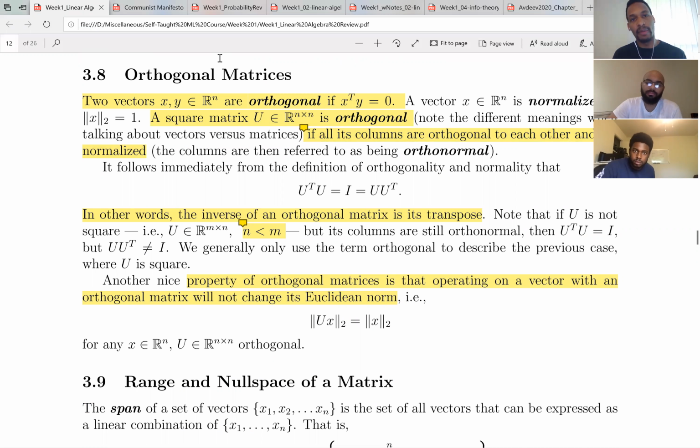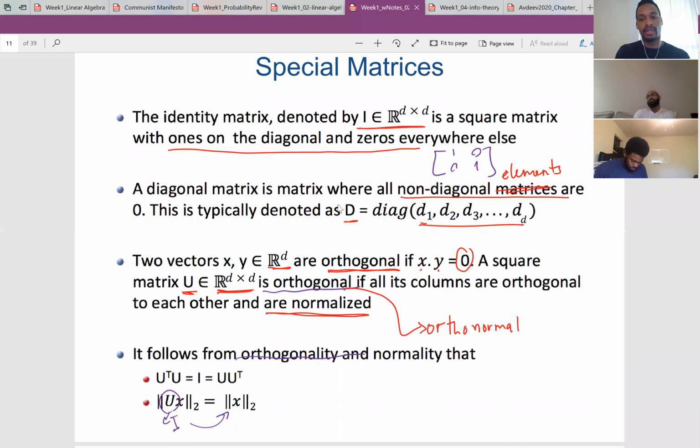Oh, okay, I'm wrong. It is called orthogonal if all the columns are orthogonal and normalized, and each of those columns are then called orthonormal to each other. So the orthogonal matrix has orthogonal and normalized columns.